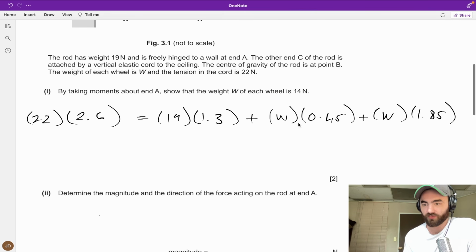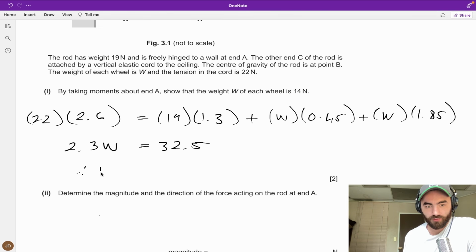And so then we can just simplify for W. We're going to get 1.85 plus 0.45, 2.3. 2.3 W equals 19 times 1.3, and then 22 times 2.6 minus that, 32.5.